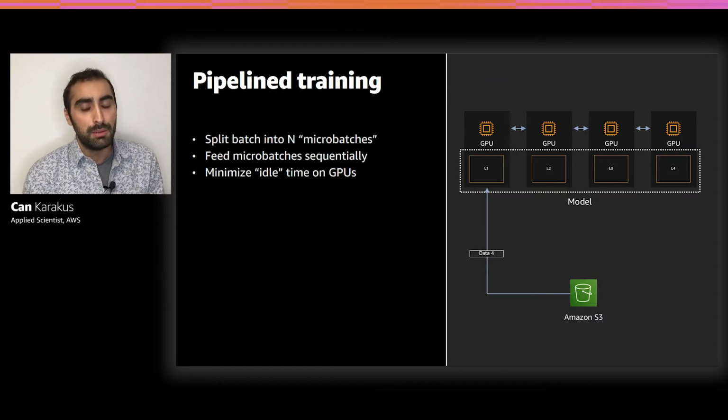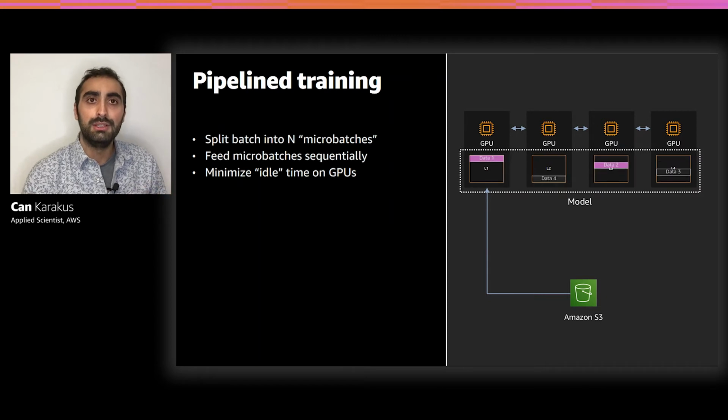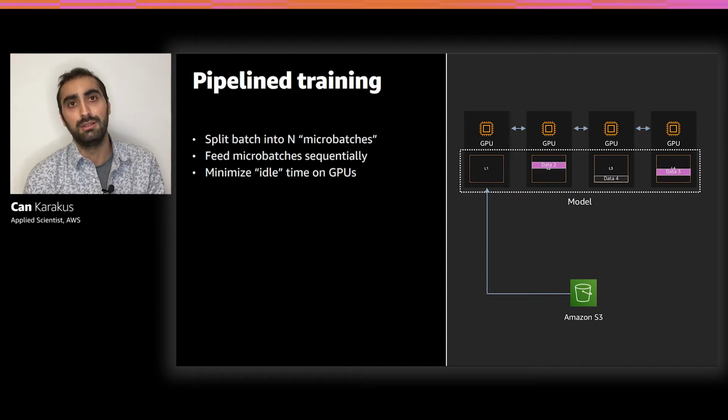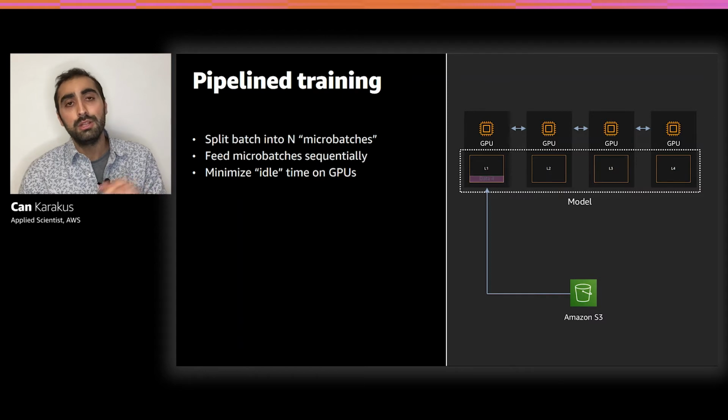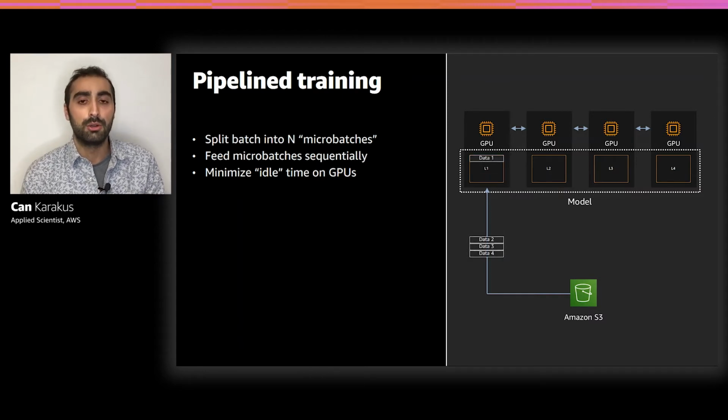So the way pipelining works is that we feed these micro batches sequentially into the training pipeline and build out this optimized training schedule, which determines for each step which GPU will work on which micro batch at what time.